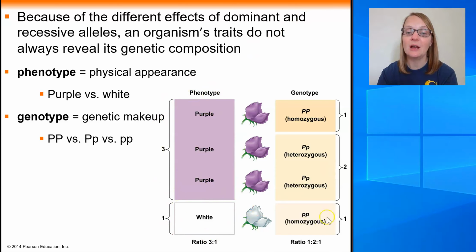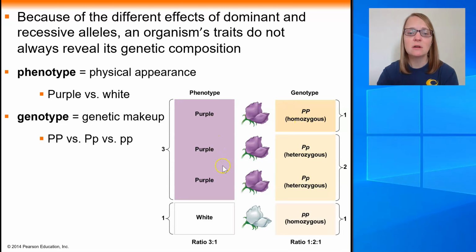But when we look at the actual genotypic ratio, we end up with 1 homozygous dominant to 2 heterozygotes to 1 homozygous recessive, or that white flower. And so there isn't a match in the genotypic versus the phenotypic ratio. And this is interesting to note, right?